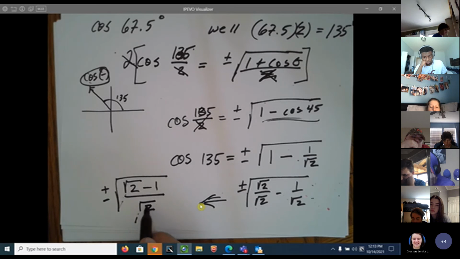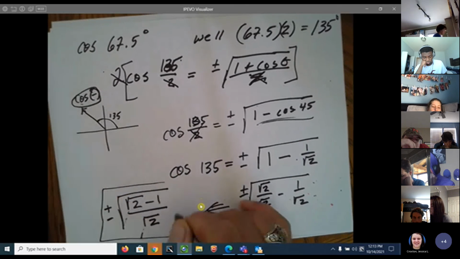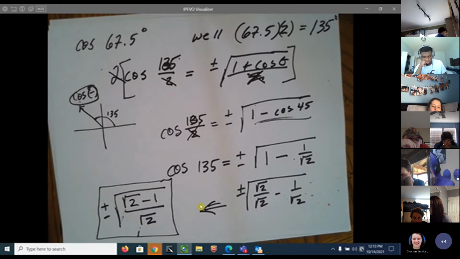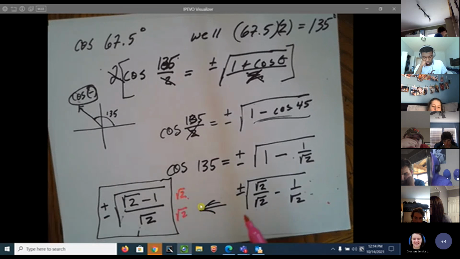Probably go through and rationalize the denominator. You can do that. I'm going to circle this, but I'm also going to take the square root of 2. I'm going to just go out here and say the square root of 2, square root of 2.